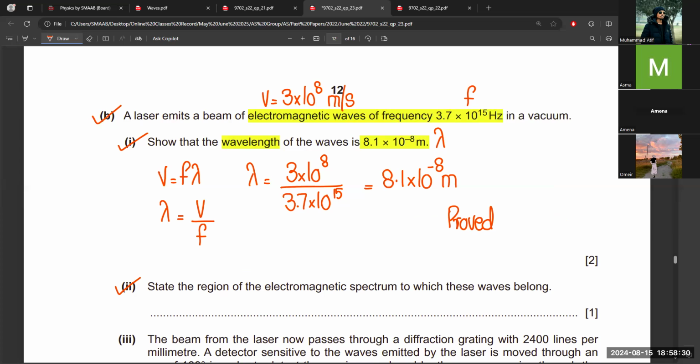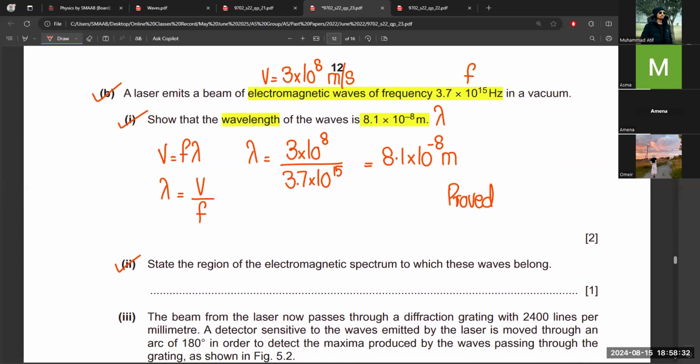Like in this second part, you can see: state the region of the electromagnetic spectrum to which these waves belong. In the previous part we calculated wavelengths, so from this wavelength you have to identify what type of wave is given in your question, right?